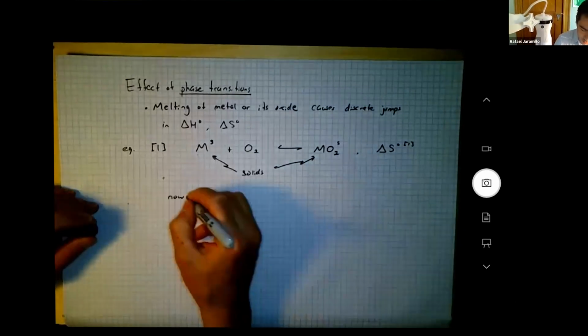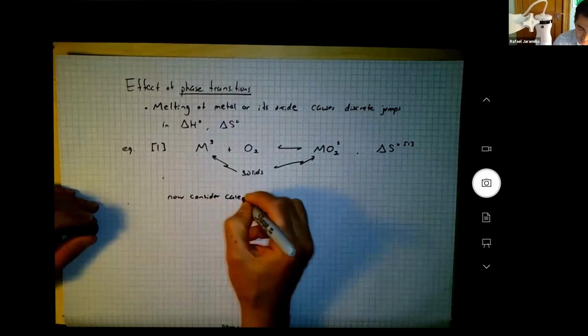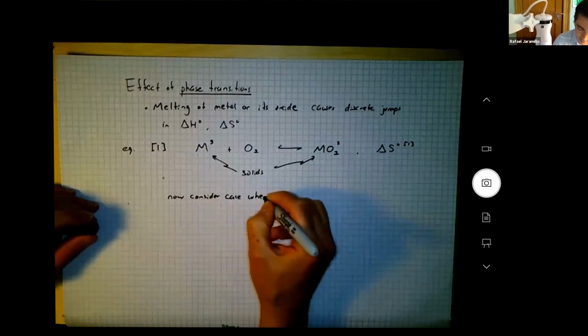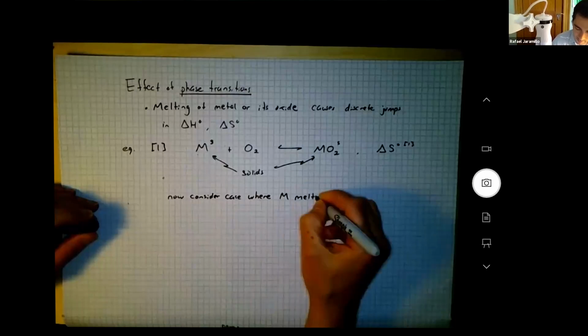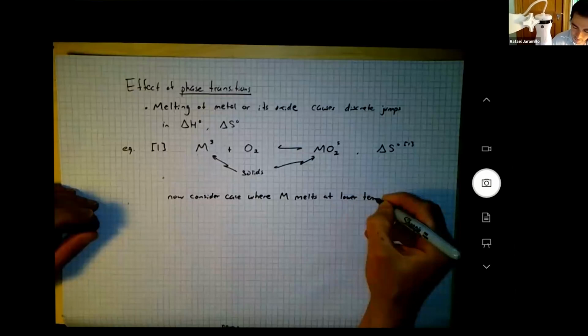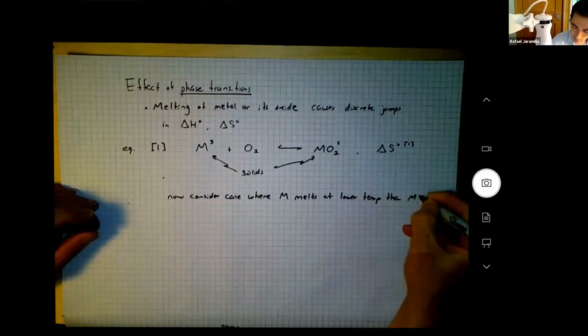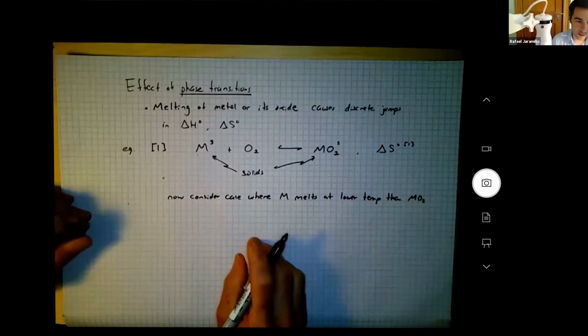Now consider the case where the metal melts at a lower temp than MO2. So the metal has a lower melting point, which is true for most, but not all, oxides.